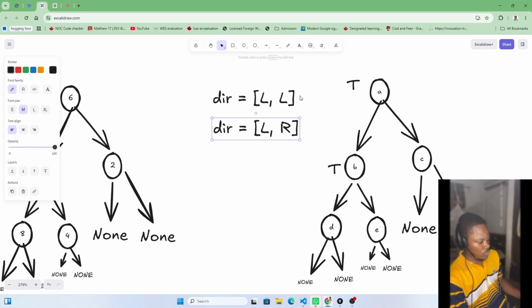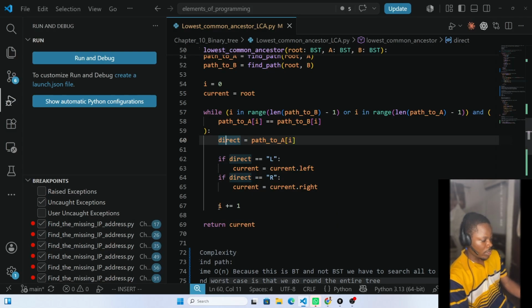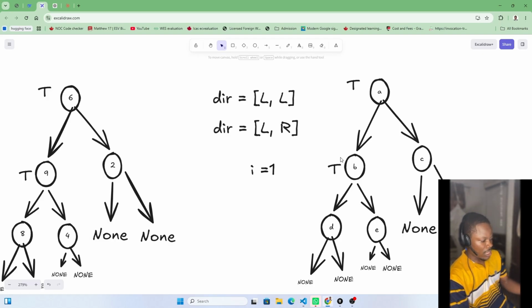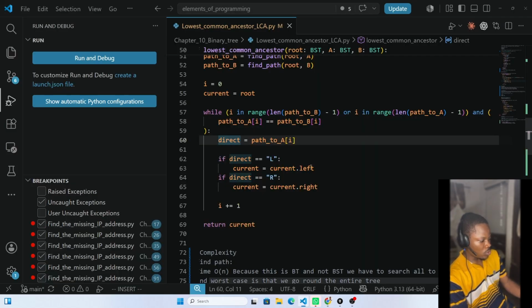Now we check again. We also increase i. i was equal to 0 for the first instance, and now because we've gone to the left the first time, i increases by 1, and then we are now at B. So we say L and R are no longer the same. So what do we do?